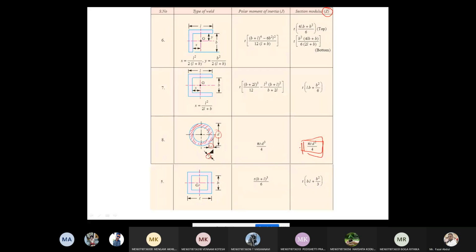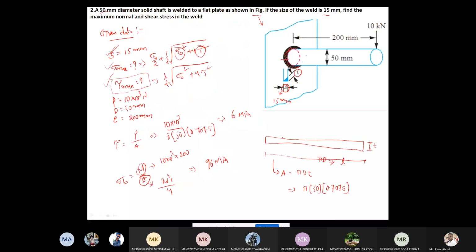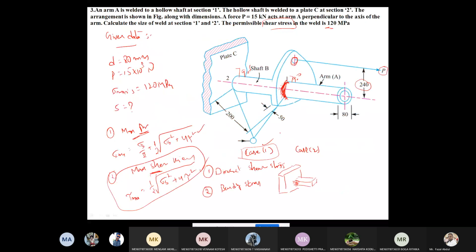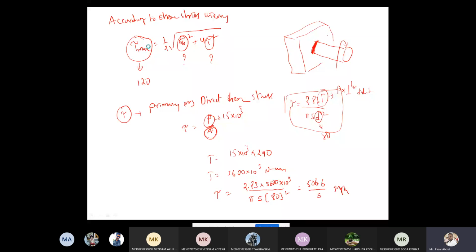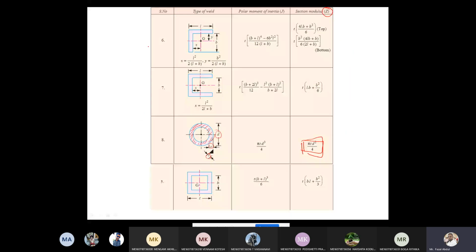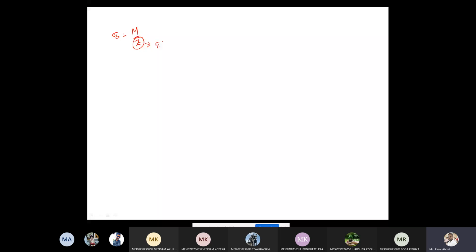Now see here. If we write the Z value, whatever we selected from the table, it is pi into t into d square by 4. M means load into eccentricity.